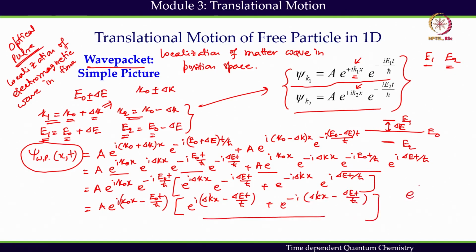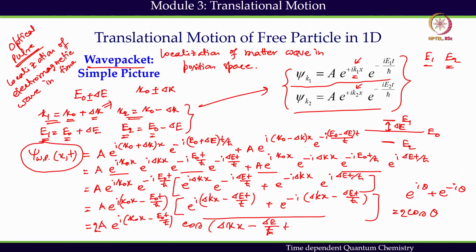This is nothing but e to the power i theta plus e to the power minus i theta, which is given by 2 cos theta. So if I write it down that way, the final form of the wave packet I get is e to the power i (k naught x minus E naught t by h cut), then the factor 2 is coming here, and then cos (delta k x minus delta E t by h cut). This is the final form of the wave packet.